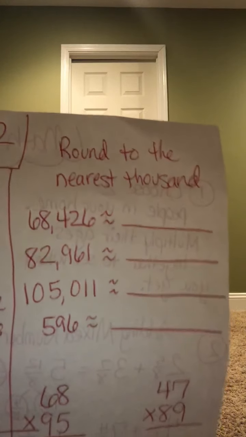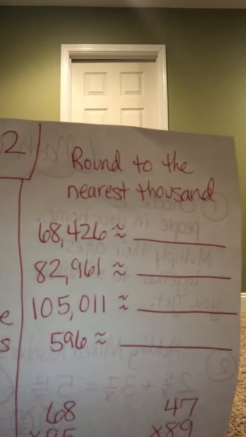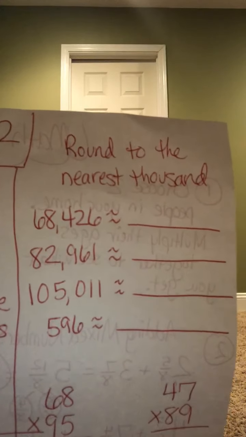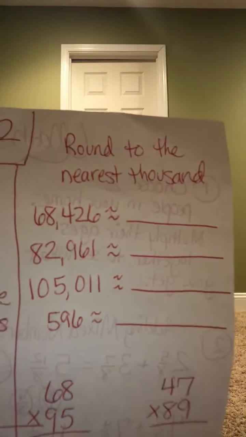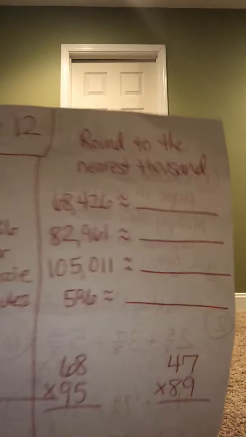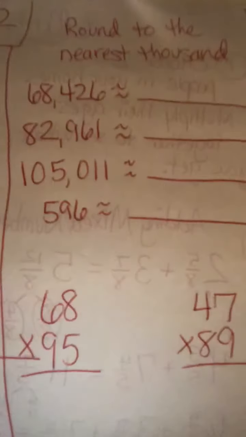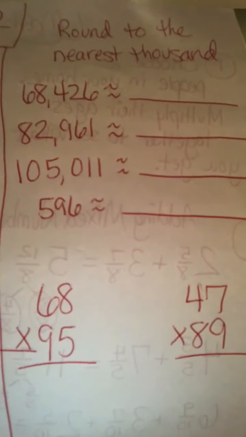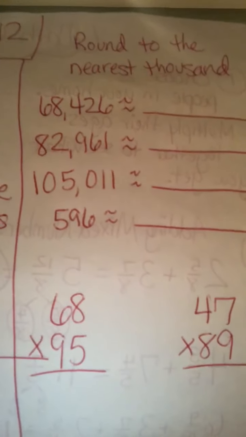Underline the thousand, visit the neighbor. If that neighbor is 5 or above, you're gonna give that underlined guy a shove. If not, he's gonna stay the same. And all the digits to the right turn into zeros. Okay, and then 2 multiplication problems that are 2-digit by 2-digit. All right, give them a try.